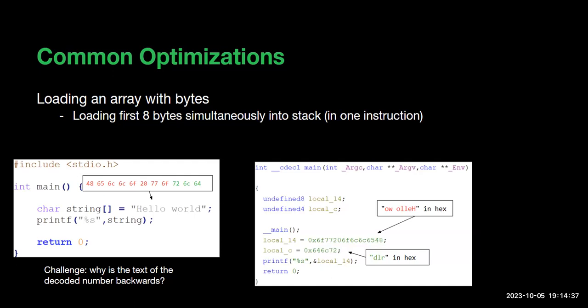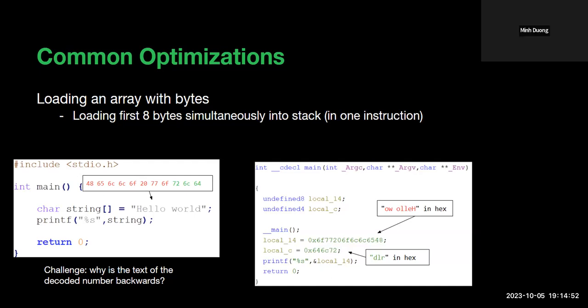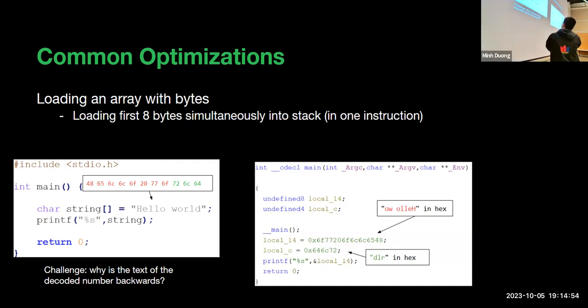Here we have a string, hello world, and it is really just a char array when I read it that way. But in there, it's actually split into two segments, and it's backwards. You can see here, it is 8 bytes, and then the rest.